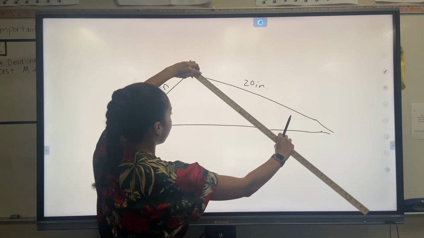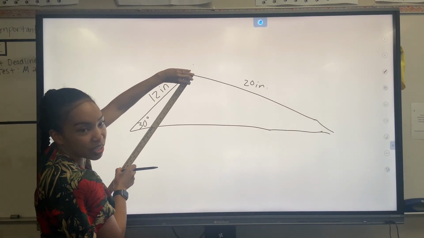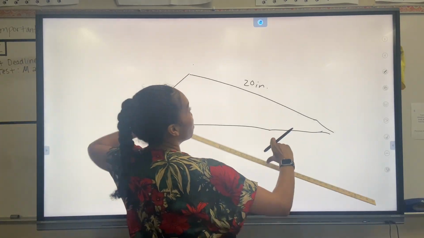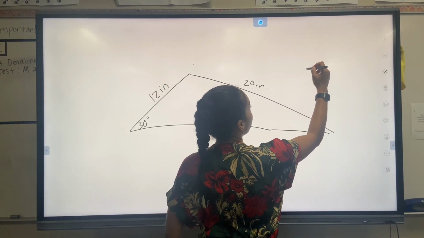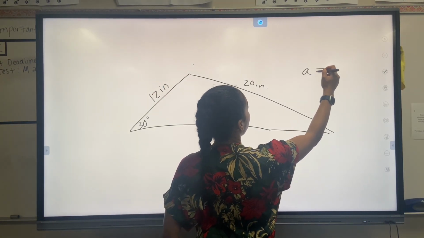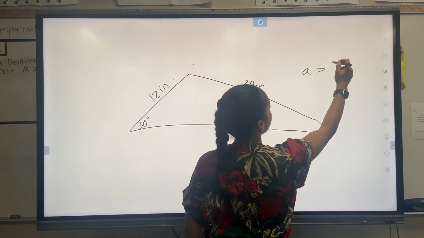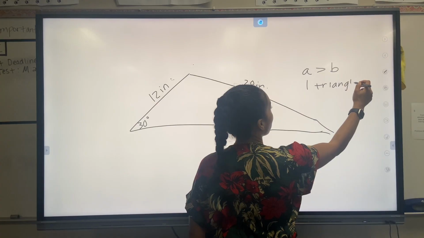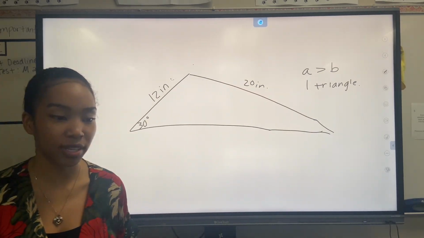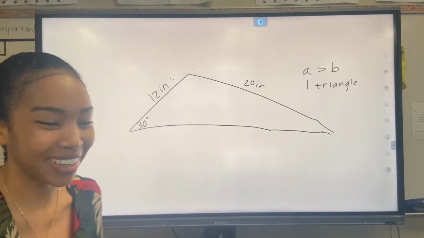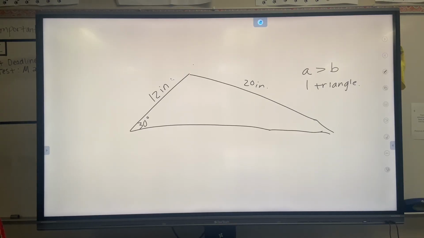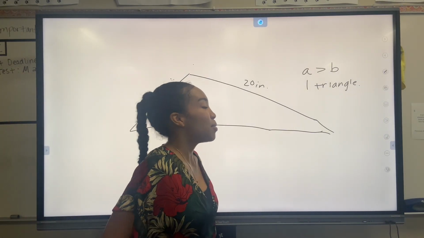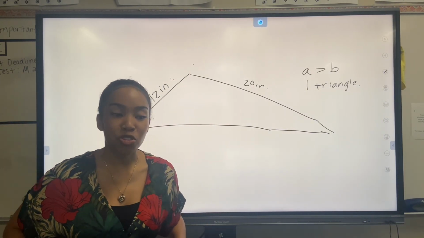And if you swung it this way, it's way too long to form a second triangle. So whenever this side is bigger than your other side, that means you're only going to have one triangle. And this is the chart that you have at the bottom of your notes, so you can refer to it. Okay, so if you don't want to memorize this table, that's fine. I'm going to show you how to do it algebraically.